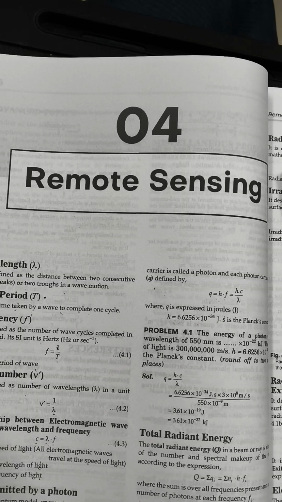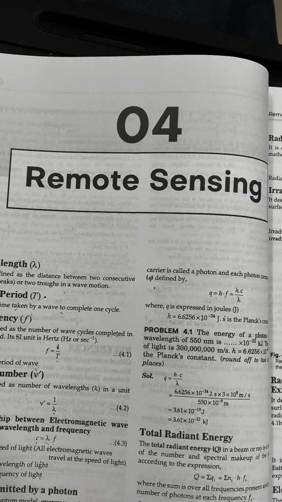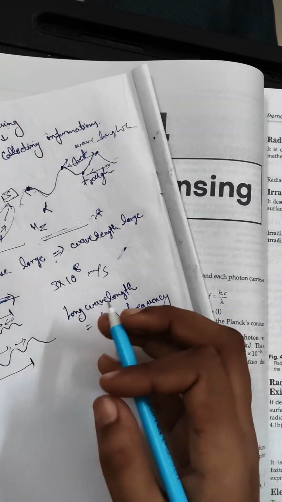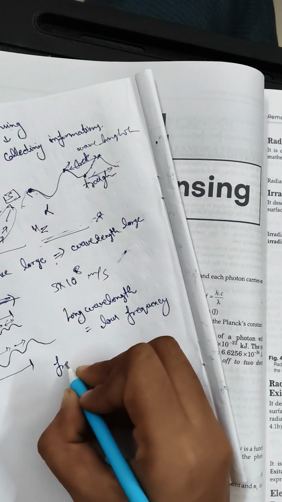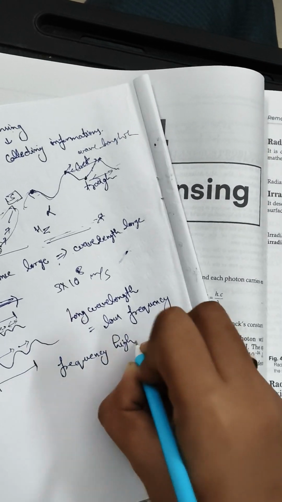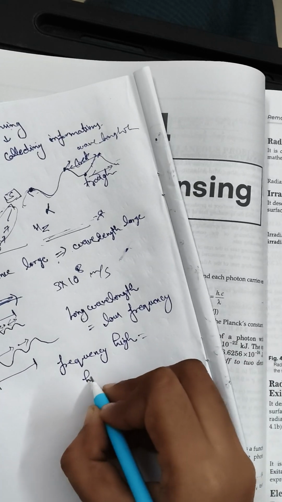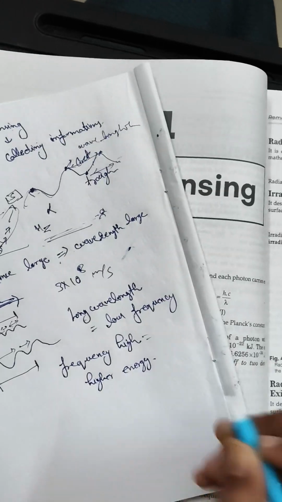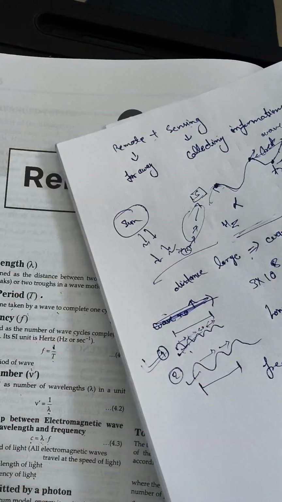Okay, so just remember these two ideas. Higher frequency means higher energy, and shorter wavelength means higher energy. So if frequency is high, it means higher energy, and shorter wavelength means higher energy.